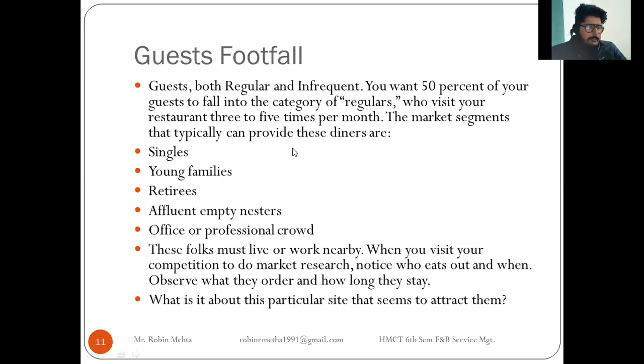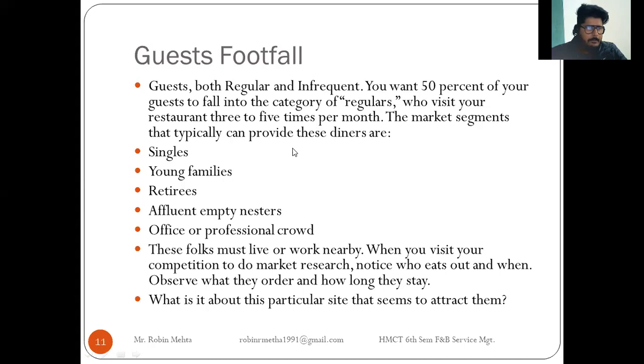Next is your guest footfall. Again, very important, because only if guests come can we run our restaurant, give our employees their wages, and bear our expenses. Guests are both regular and infrequent.